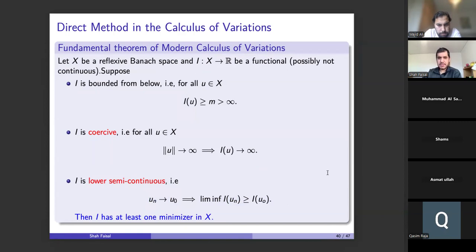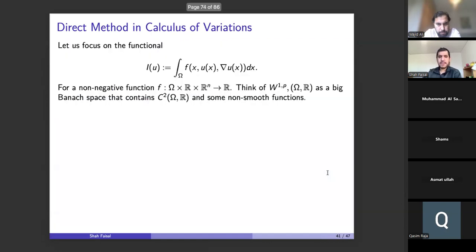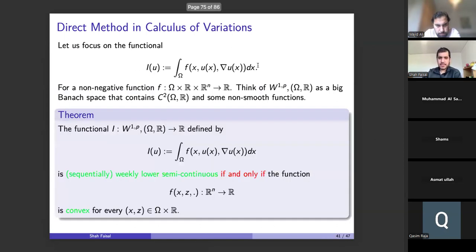Now this theorem is interesting because it tells you when a minimizer exists, even not caring about the continuity of the function. It's just lower semi-continuity. So now let's apply this theorem to the case we have considered. You would like, for example, to have this functional lower semi-continuous first.